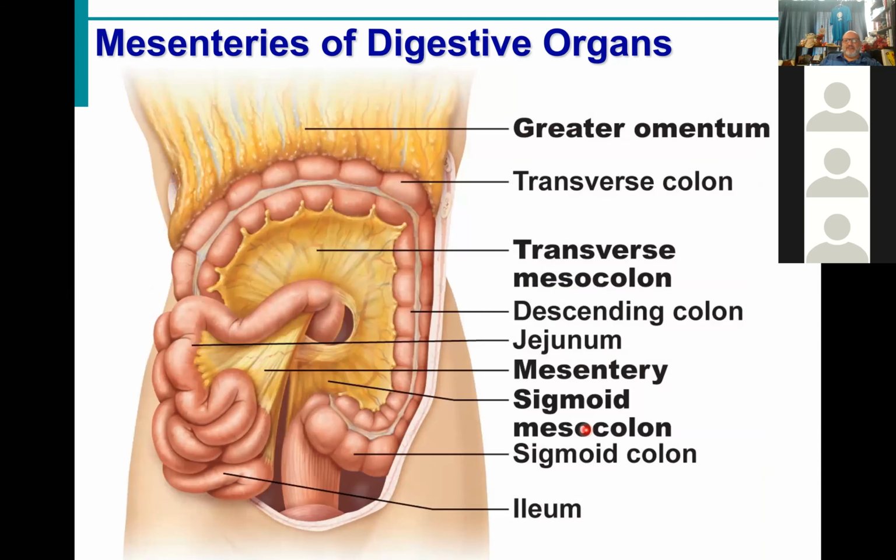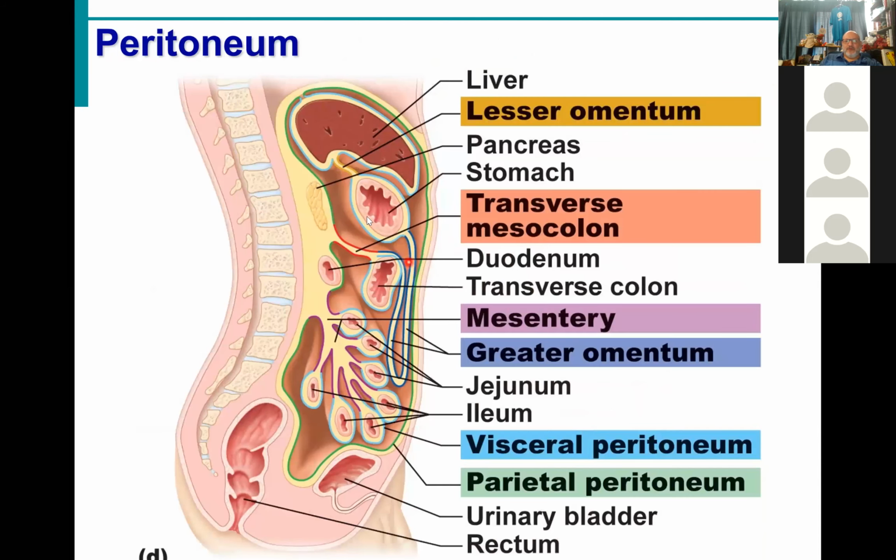Notice if we look at this from a sagittal view, right here in dark blue is that representation of the greater omentum going from the greater curvature of the stomach down the abdominal pelvic cavity and then back up to connect to the transverse colon, whereas the lesser omentum is here.